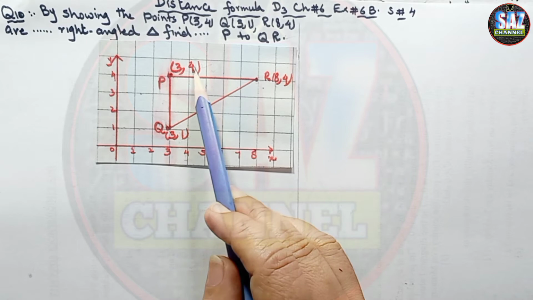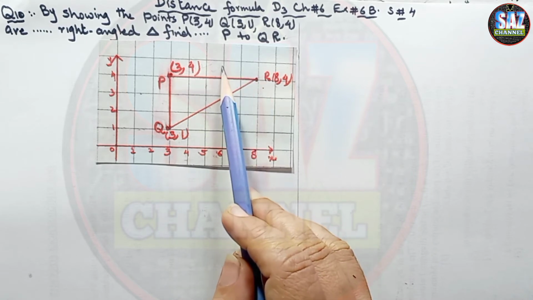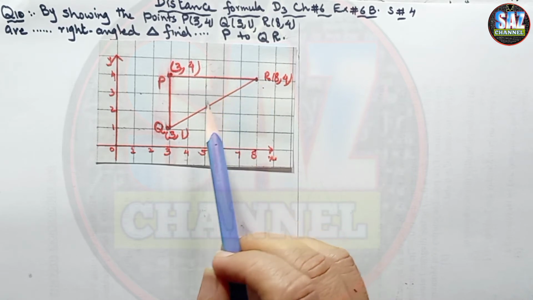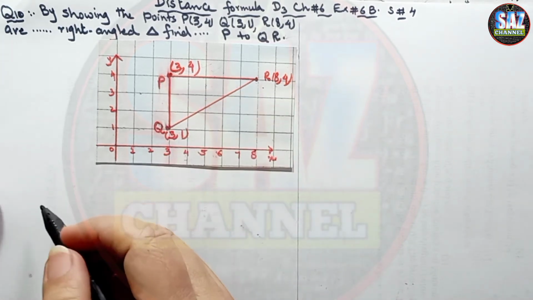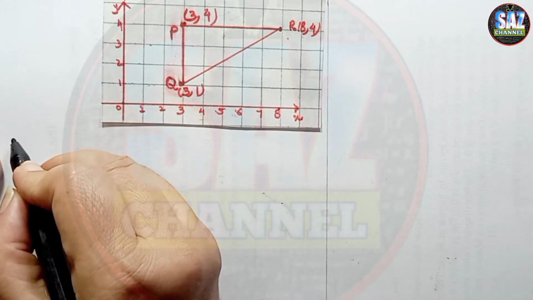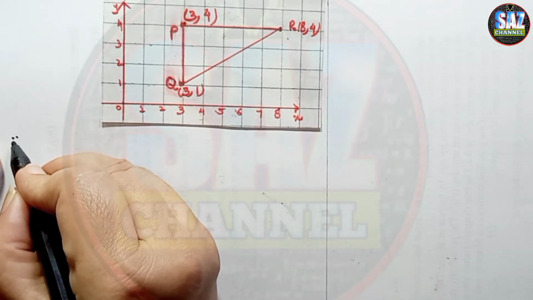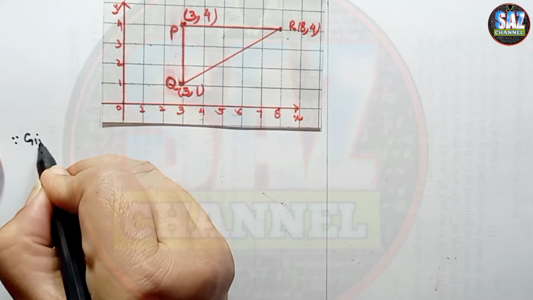It means the P to R distance is 5 units graphically, but we will also apply the distance formula so that we can reassure that these distances are really the same as we are getting graphically. First of all, I have to write the given points.